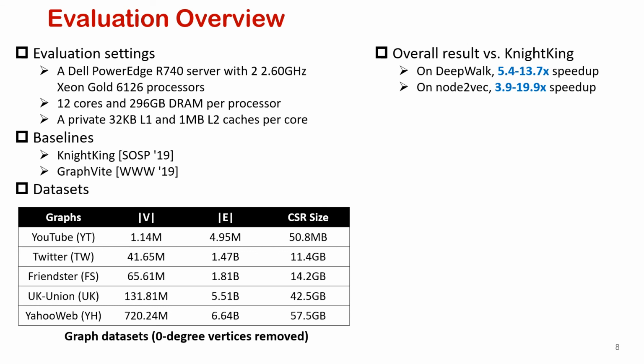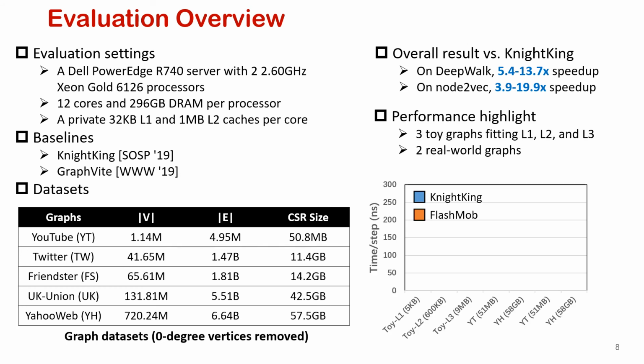Compared to NetKing, the stronger of the 2 baselines, FlashMob is significantly faster on both of the walk algorithms evaluated, bringing a 4 to 20 times speedup. Again, due to time limit, we choose to show a performance highlight using 3 toy graphs designed to fit into L1, L2, and L3 caches, plus YouTube and Yahoo, the smallest and largest graphs among those tested.